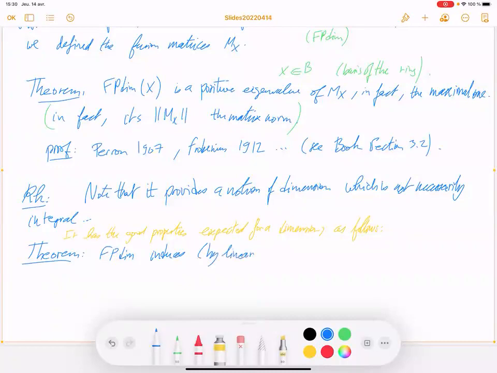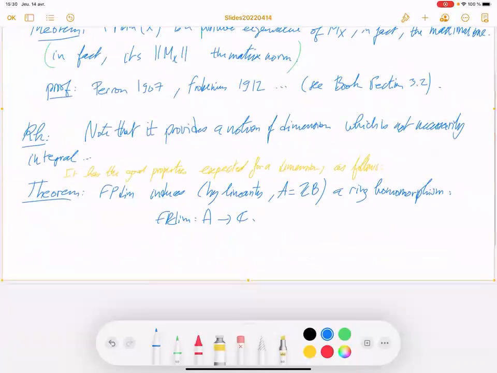By linearity, because we know that the ring is a free Z module generated by the basis. It's a ring homomorphism like that.